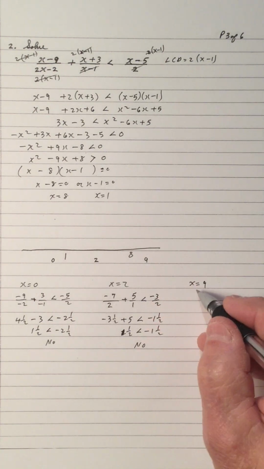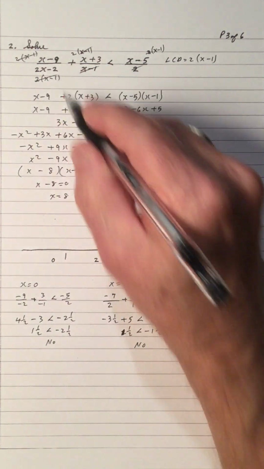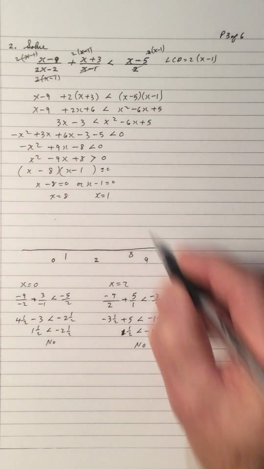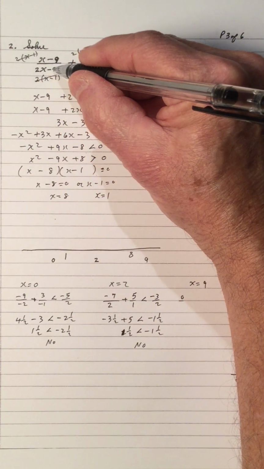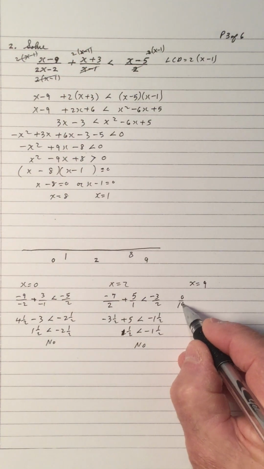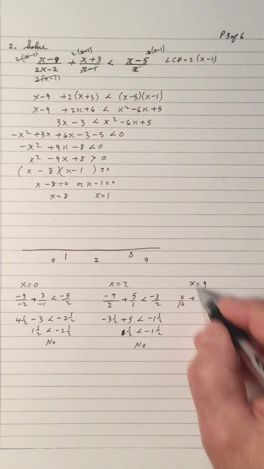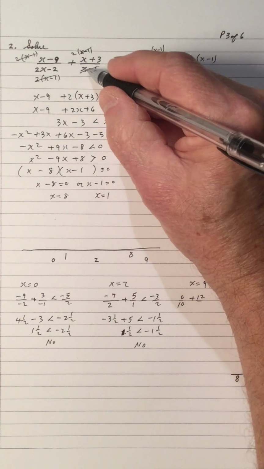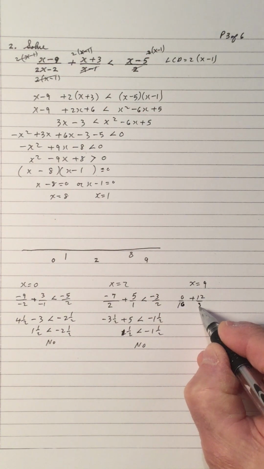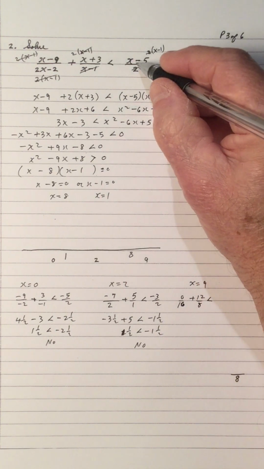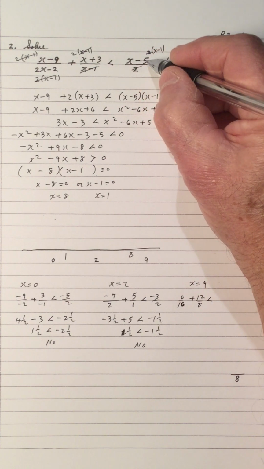So greater than 8, let's see what the 9 will do. We put a 9 in here, we get a 0. We put a 9 in here, we get 18 minus 2 is 16. We put a 9 in place of the x here, we get 12. Put a 9 here, we get an 8. Less than, put a 9 here, we get 5 over, put a 9 here, we get 4 over 2.